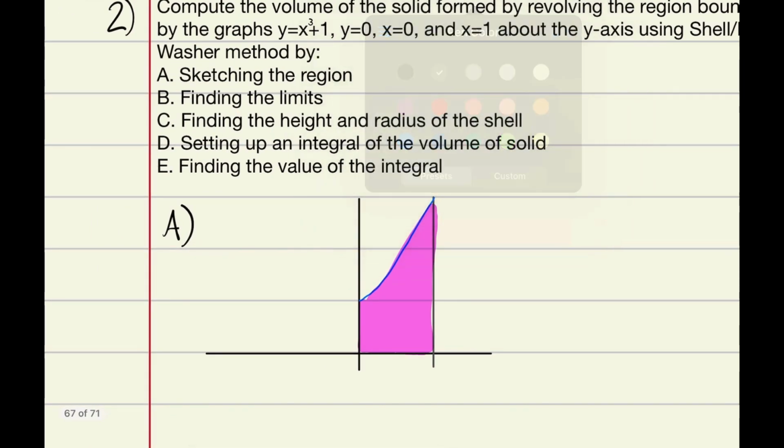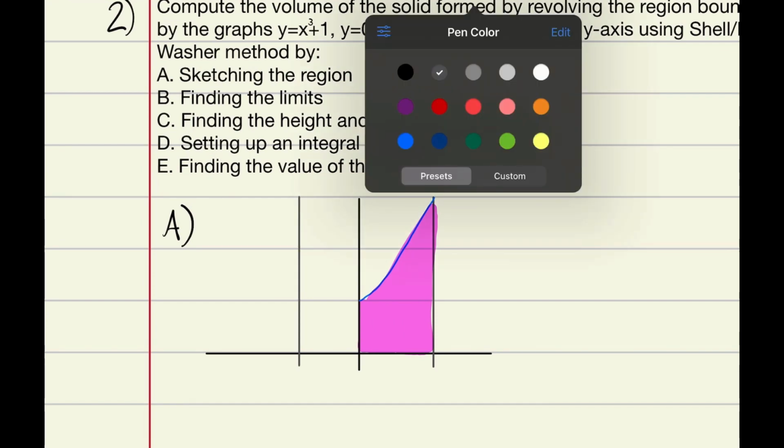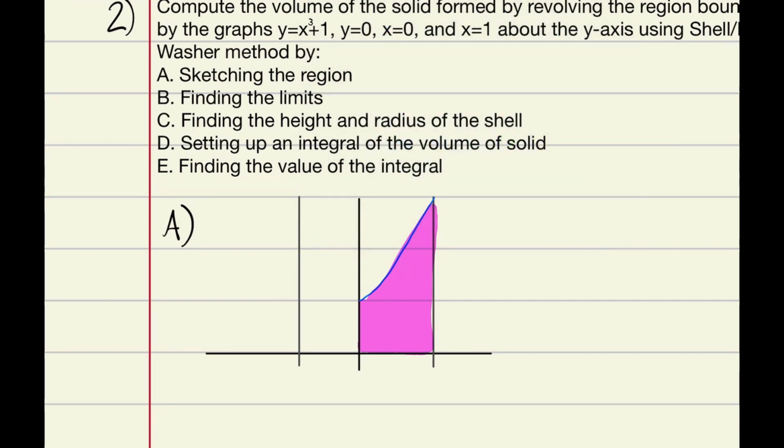So we can start off with our x equals negative 1, and then we can rotate y is equal to x cubed plus 1, and this will be the area again, rotated about the y-axis.